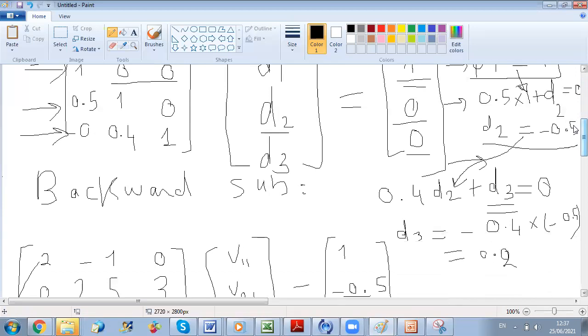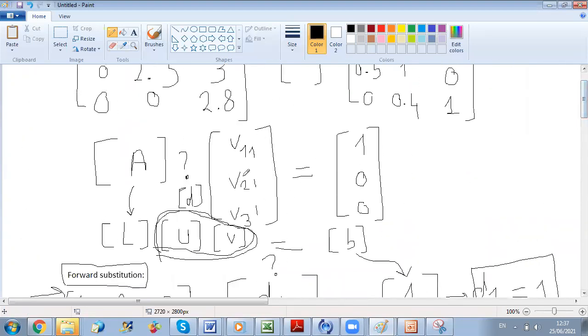Once I get vector D1, D2, D3, I move to the next step, which is to do the backward substitution. In backward substitution, I will get my desired vector, which is v11, v21, v31. By going back to the definition of D, what was D?